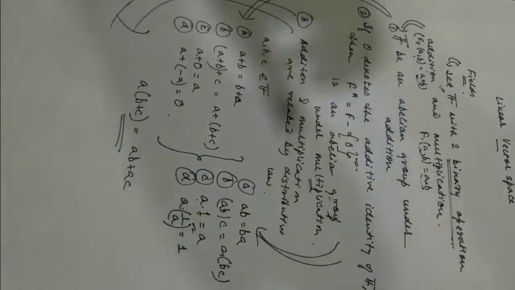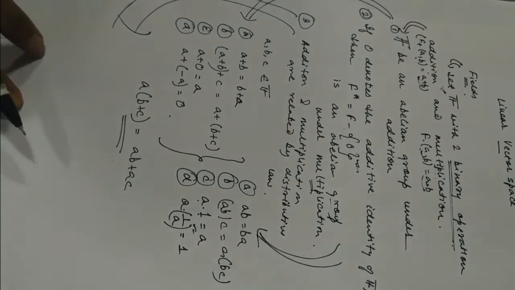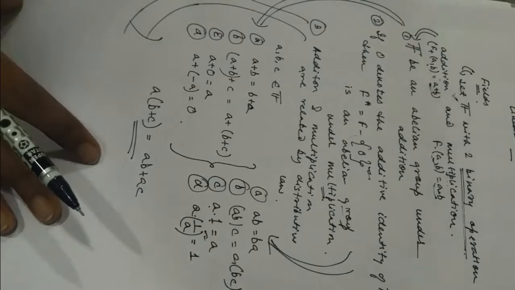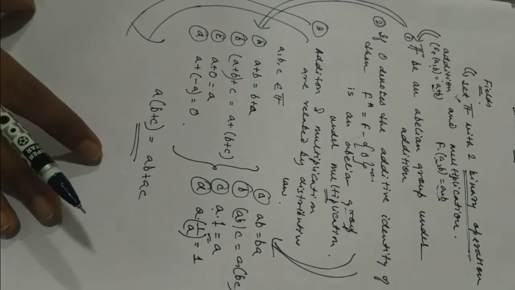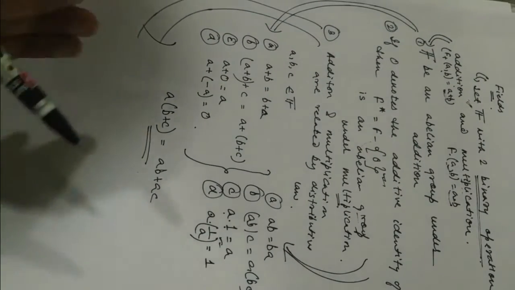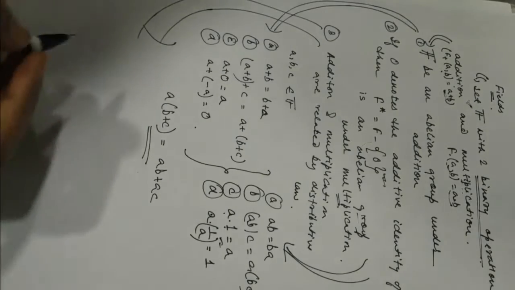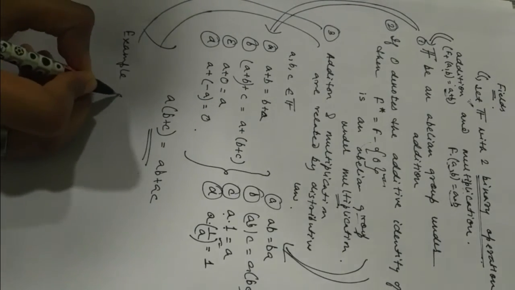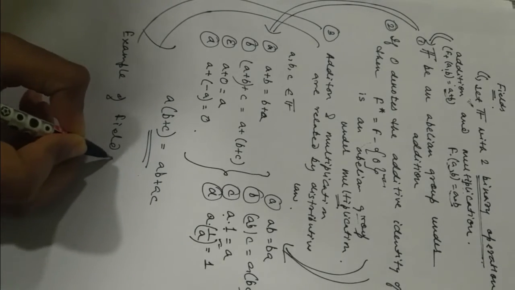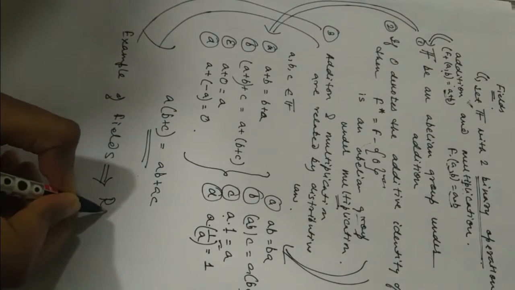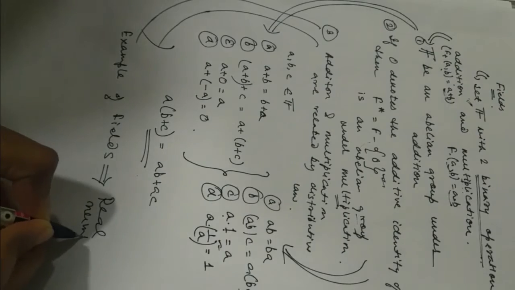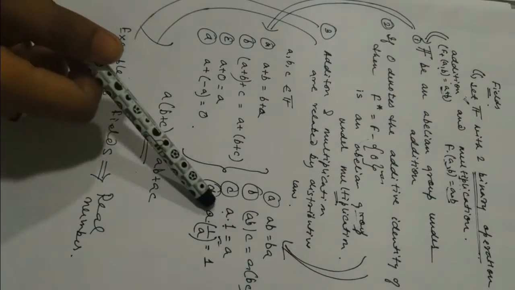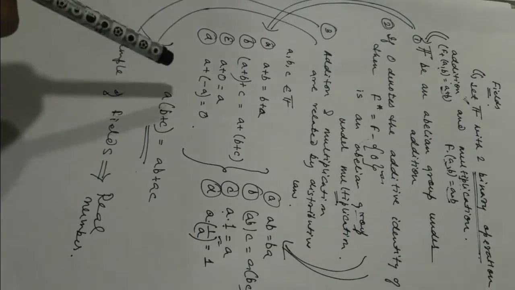In terms of the number of conditions you need to remember, it might appear to be very complex indeed, but it is easier to remember because the most common example of a field is the real numbers. If you check by yourself, real numbers do follow all these axioms.